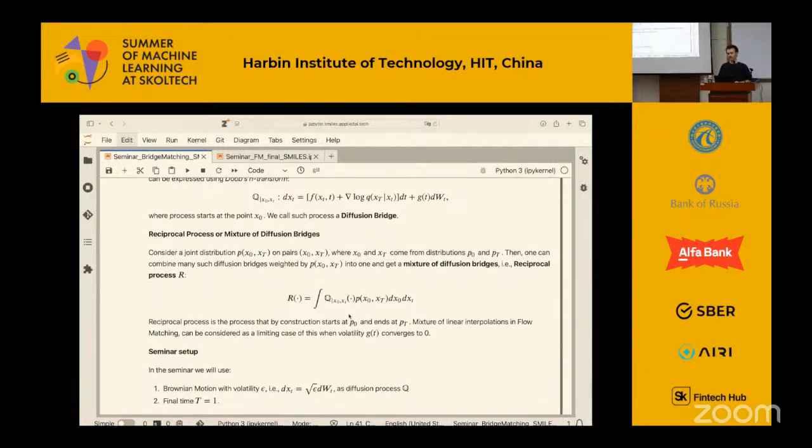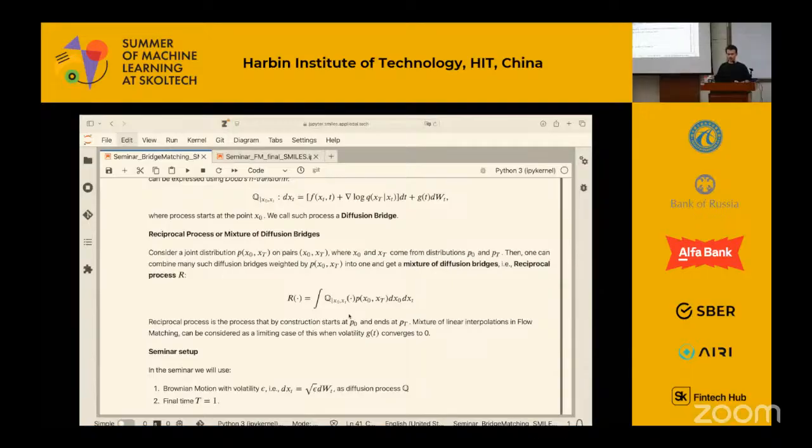And so we get this mixture process, which is a stochastic process that starts at distribution P0 and ends at distribution PT. Okay, it has these two distributions, but there is a problem. We cannot sample from this stochastic process because it is not a regular Markovian diffusion.